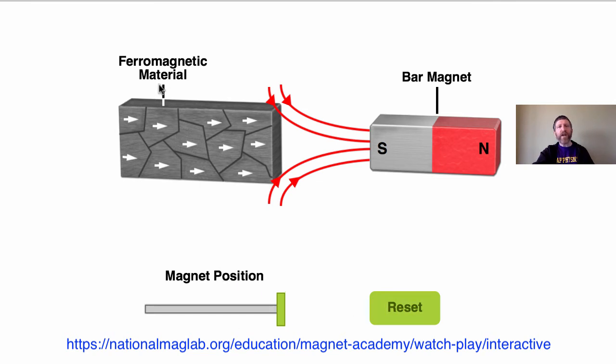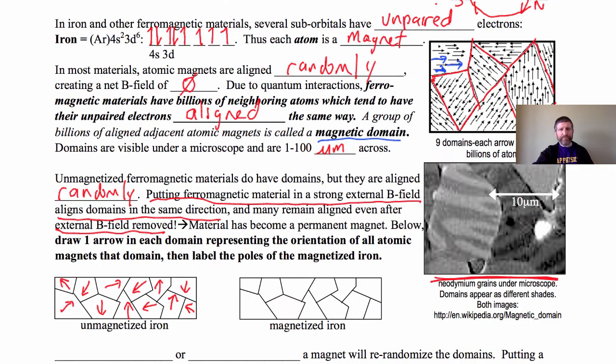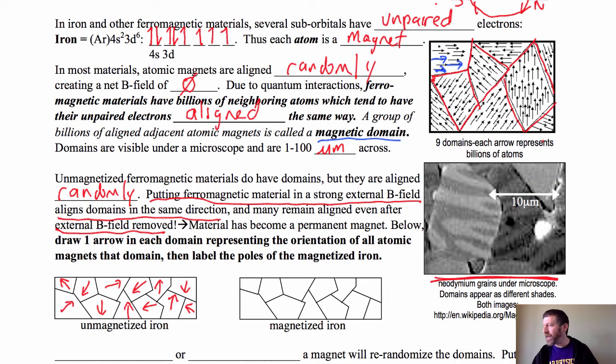Now if I shake or heat this ferromagnetic material, or slam it on the ground, or heat it to what is called the Curie temperature, those get re-randomized and it goes back to that. So that is how you make and then break a permanent magnet. Here's our magnetized iron.